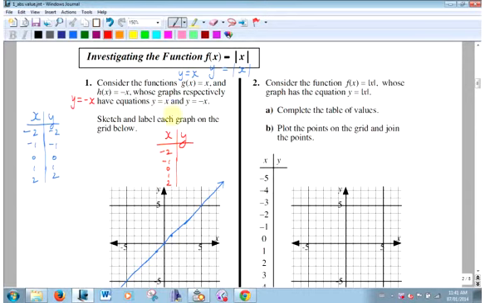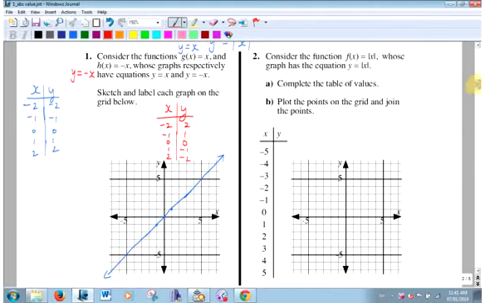Okay, so if x is minus 2, what's minus minus 2? Positive 2. Negative, negative 1, positive 1. 0 is minus 0, that's still 0. If x is 1, y is minus 1, minus 2. Like I said, every sign here has just got the opposite thing.